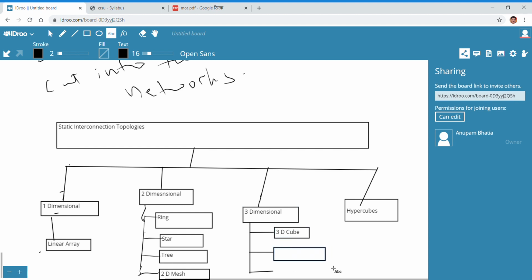Next one is the 3D cube connected cycles. It's a completely connected network.